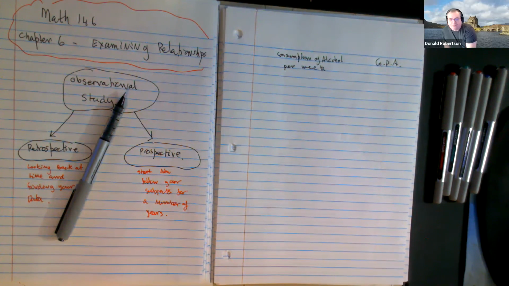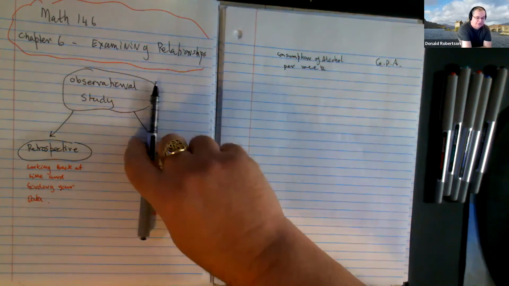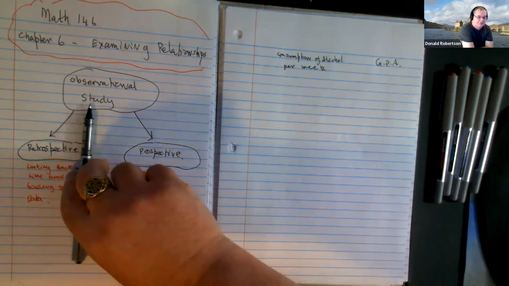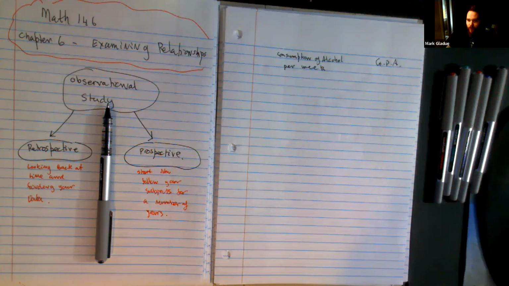Now, if we wanted to do this as a general college-wide thing, how could you do it as a prospective observational study? Track down how much alcohol they drink throughout the quarter.